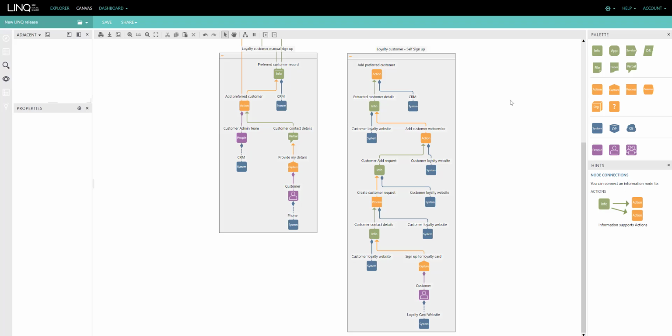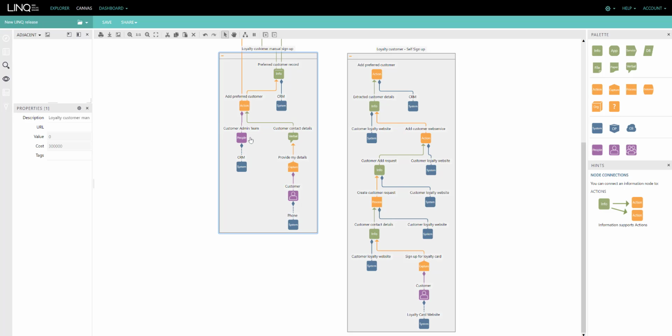Okay, first off, let's remind ourselves what you will have seen as you've been doing your capture and you've encountered this issue today, which is here I have 2 parts of my information supply chain for customer sign up. I've got a self sign up process where customers come onto my website and sign up to my application, and over here I have a manual process where customer admin team is involved.